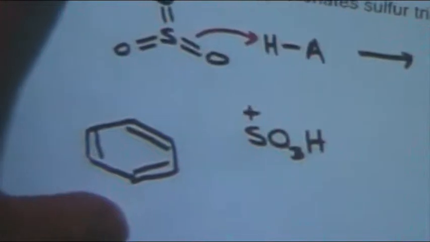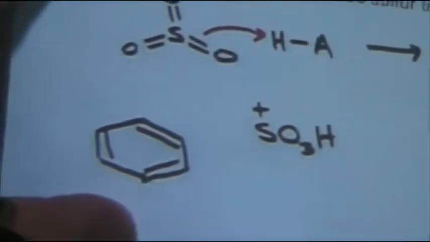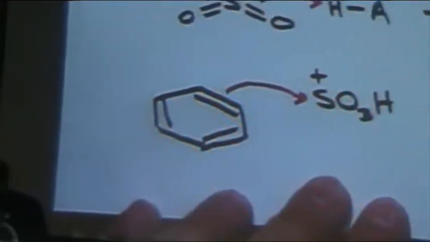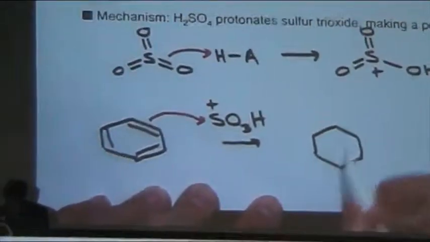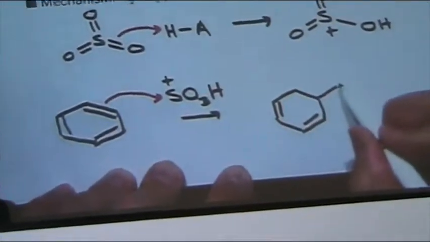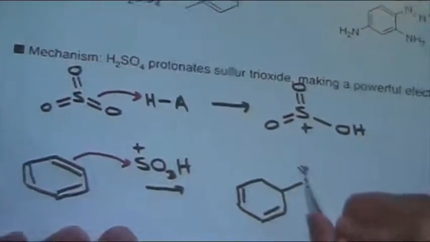If I ask you to draw the mechanism, I would expect you to draw this whole Lewis structure here. There we go. We form a carbon-sulfur bond. And so now when I draw this intermediate, it's that same type of arenium ion. Let's draw that arenium ion. Here it is. And this time I'll draw out that whole sulfonic acid type group.